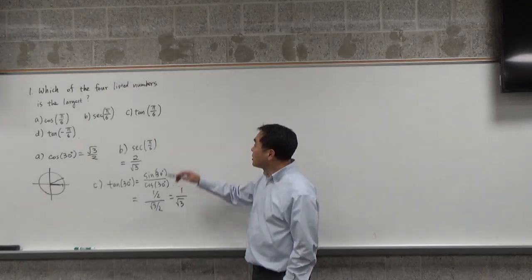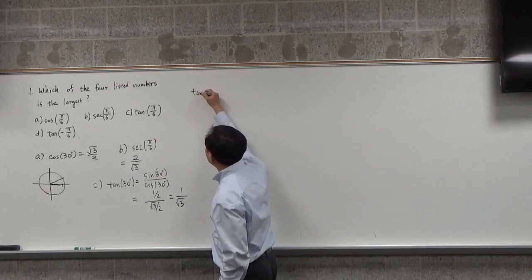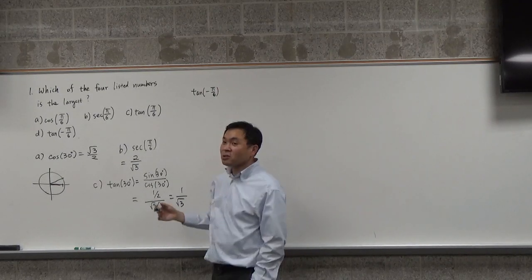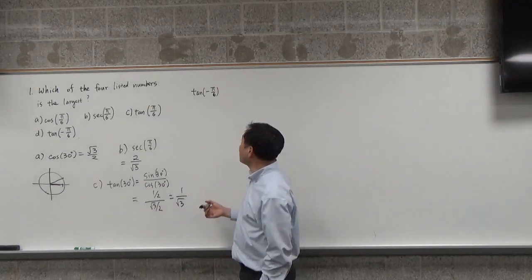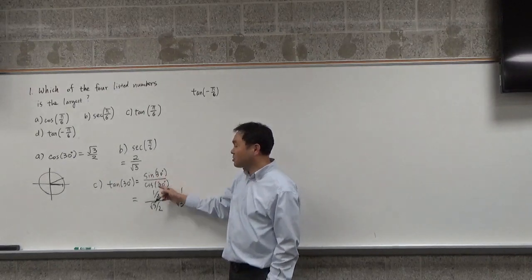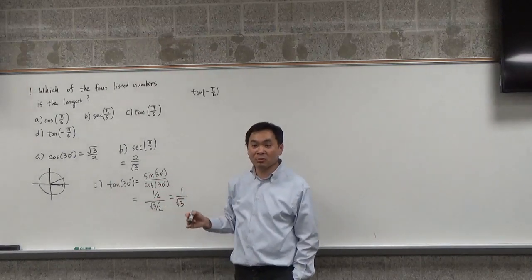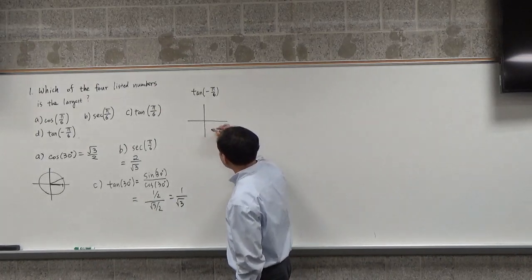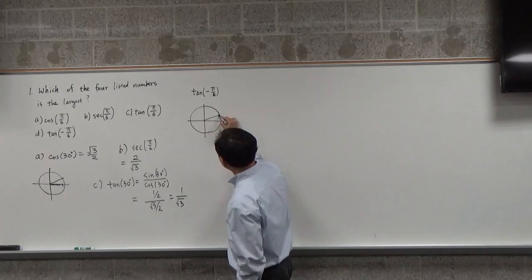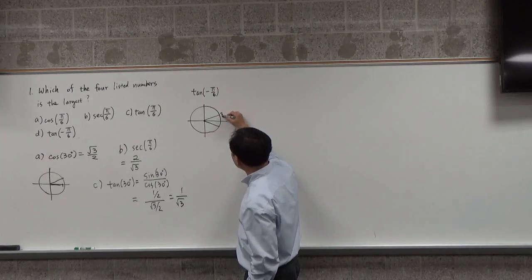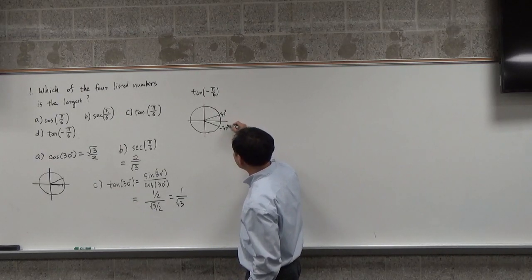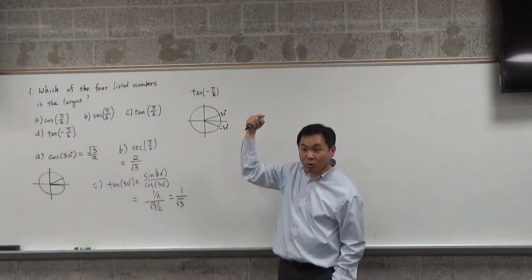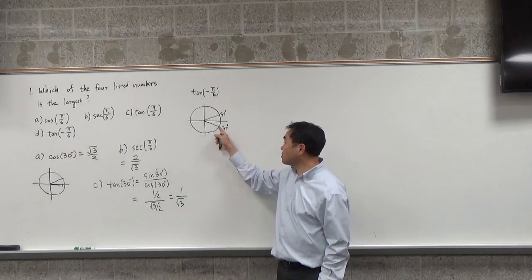Okay, and then finally, what is tangent of negative pi over 6? You could use the formula sine negative 30 over cosine negative 30 and figure those out separately. But there's an easier way. Negative 30 degrees means you go clockwise 30 degrees, so this is where you land.